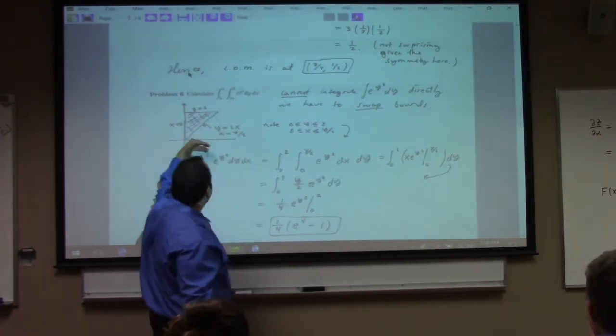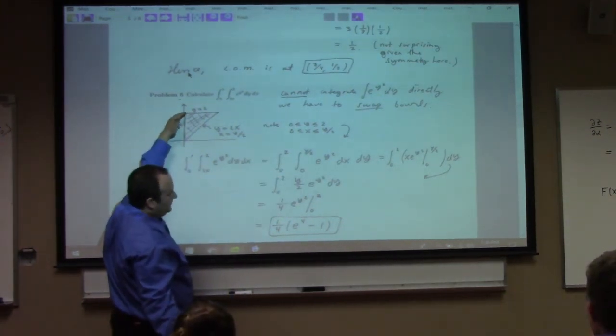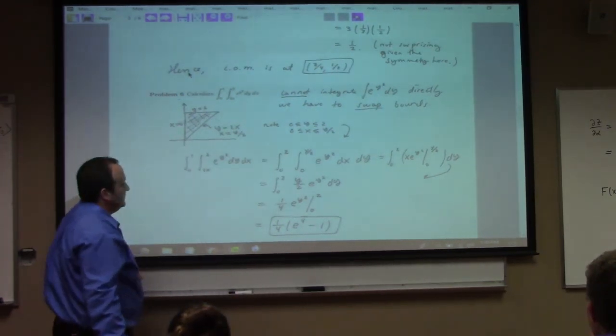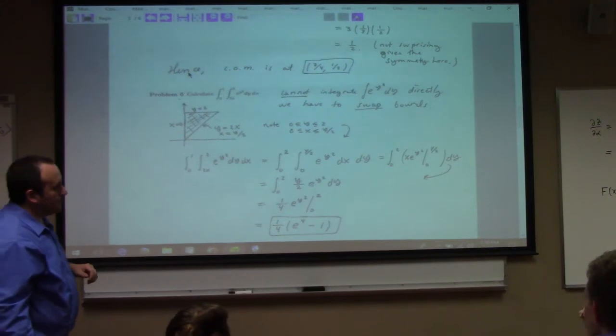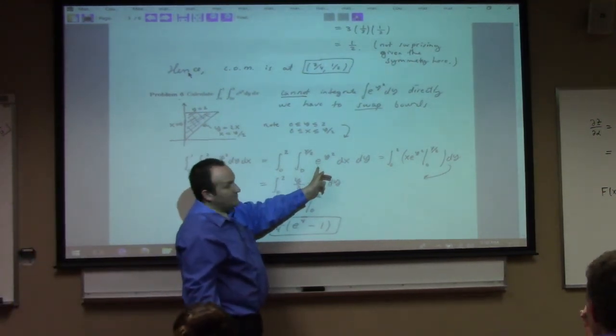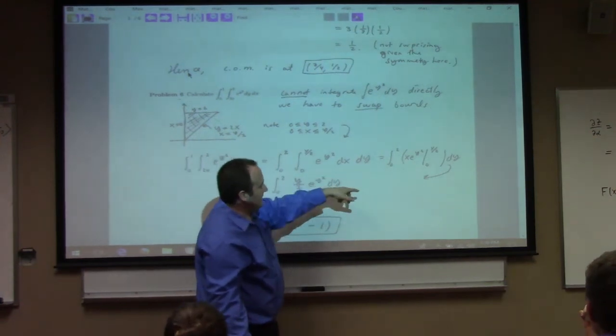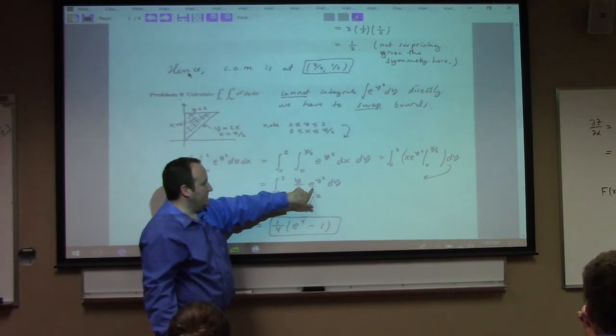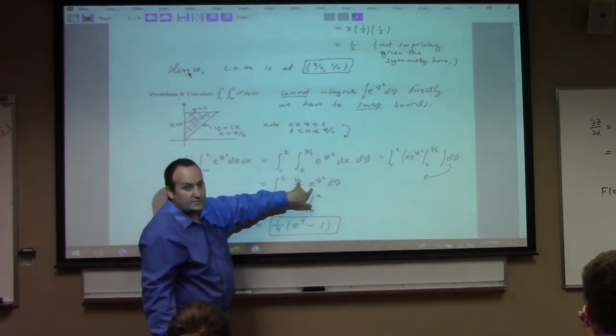And then y ranges from 0 all the way up to 2. So I change the integration setup from a type 1 to a type 2. And in so doing, when I integrate with respect to x, e to the y squared is held constant, and it ends up pulling down a y over 2, which is super nice because then this is just a plain Jane u substitution, right? U equals y squared, and we can go from there.